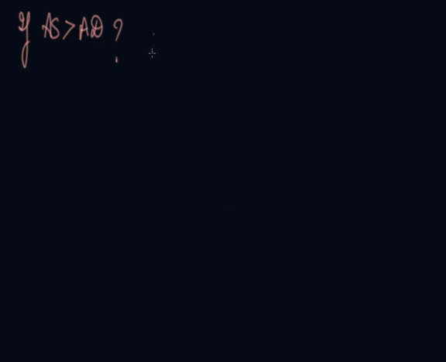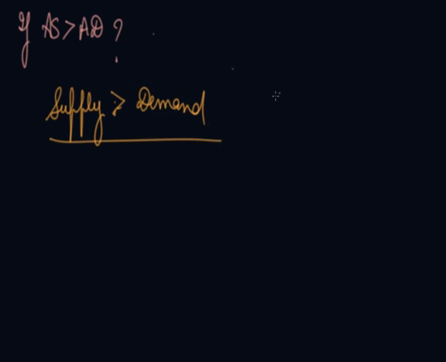Now what will happen if your aggregate supply is more than aggregate demand? See, if your supply is greater than your demand, which means that the producer will hold the stock, right?